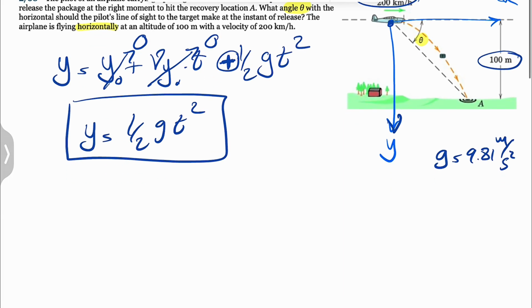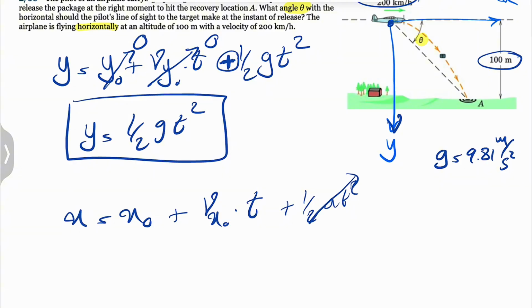So let's go for our horizontal, or x motion. x is equal to x0 plus v x0 times t, and it will be a constant speed, so there is no acceleration, and the 1/2 a t squared part is going to be 0.